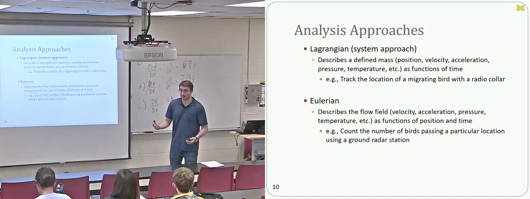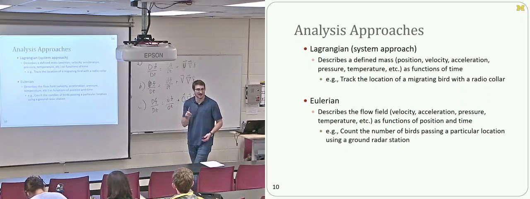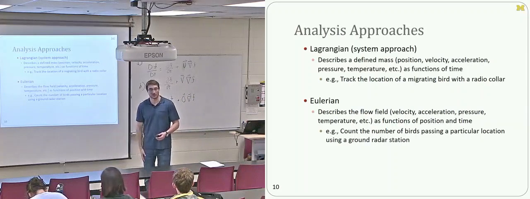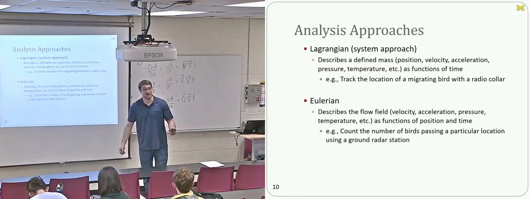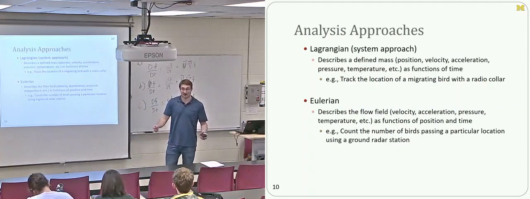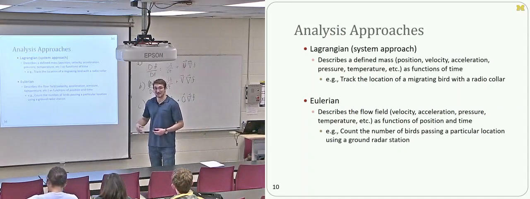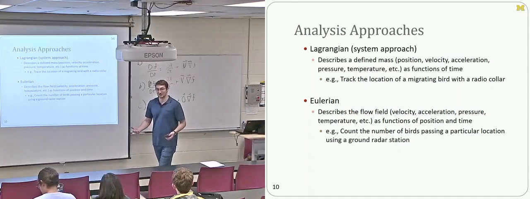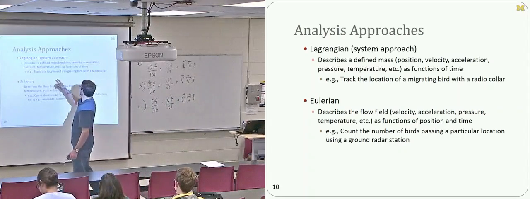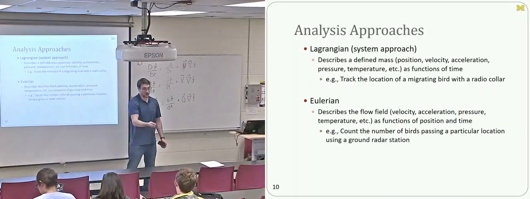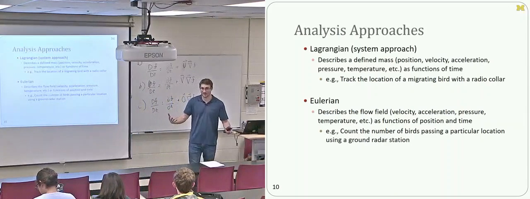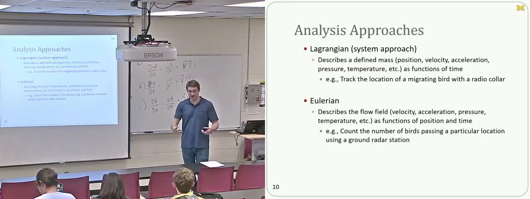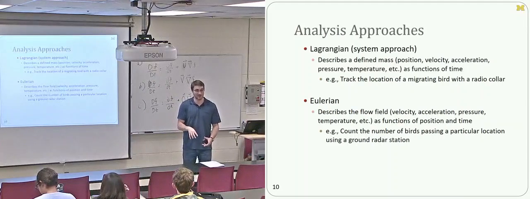I think on day one I said that conservation of mass of a fluid says that the rate of change of mass in a material volume or a system is equal to 0. Essentially that was an expression of the material derivative being equal to 0, which says that, for example, if you put a pot of water on the stove, the system, or the Lagrangian approach, means tracking all of the molecules that are in that pot of water.